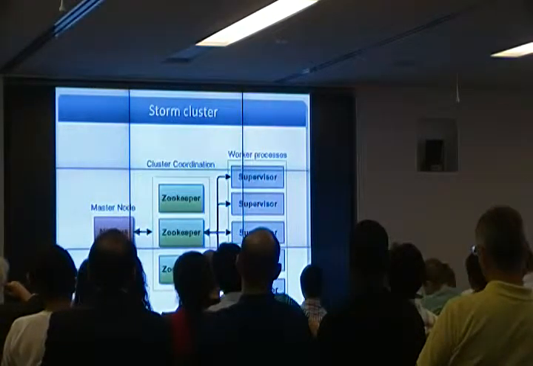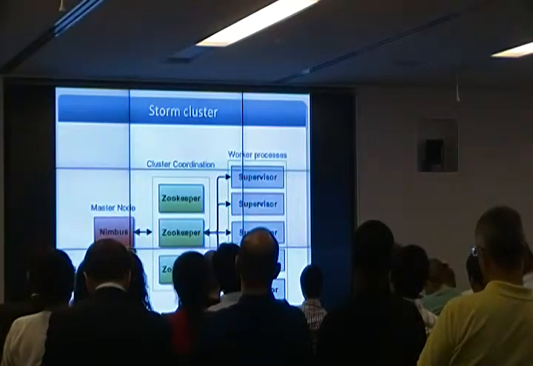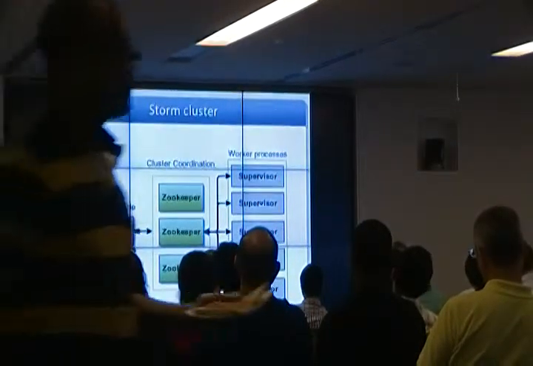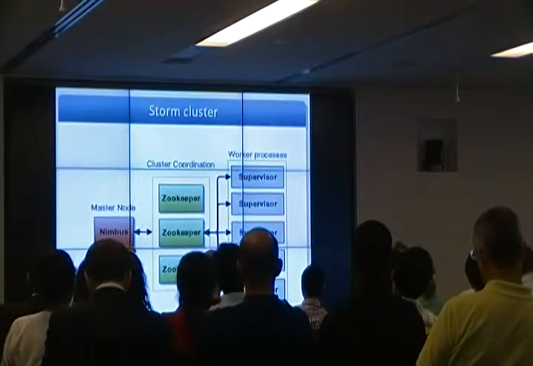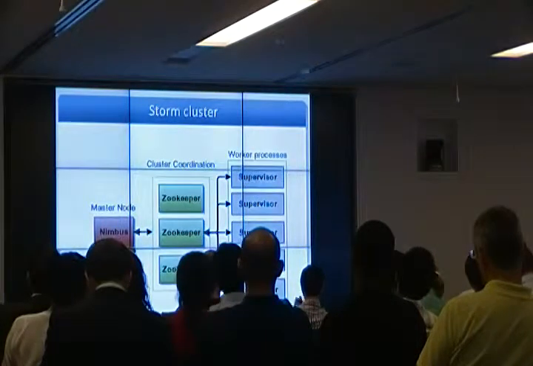One is the master node, then cluster coordination, which is ZooKeeper machines, and worker processes called supervisors. The job of the master node is to get your code and submit it to worker processes for execution. It also monitors: if some worker process goes down, it is restarted. This is Nimbus, the master.